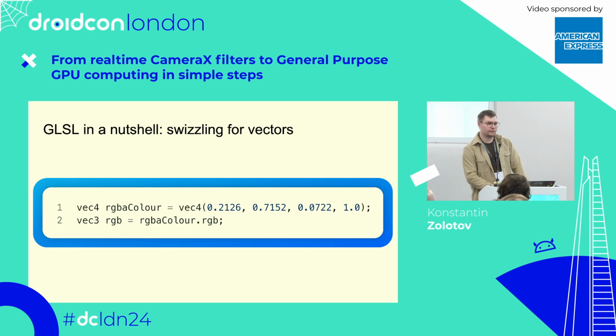There is a very convenient thing called swizzling. It works only for vectors and allows you to construct new vectors from other vectors. For instance, if you have a vector of 4 components, you can just write .rgb, and it will create a new vector with the RGB components. The same works with XYZ, so it's just convenient.